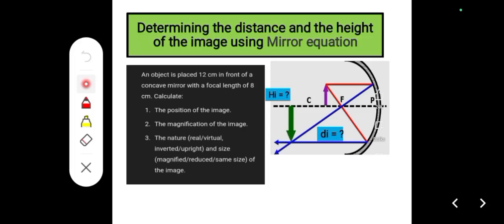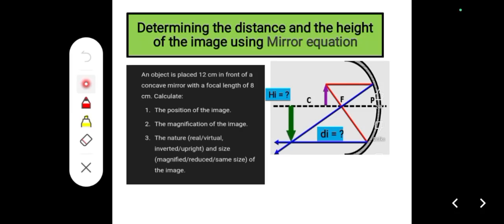Okay, so starting, we have this. We already made a ray diagram of this particular problem. So as you notice, the object is placed 12 centimeters in front of a concave mirror, and your focal length is only 8 centimeters. So that is why the position of the object, or the purple arrow, is just over the focal length.